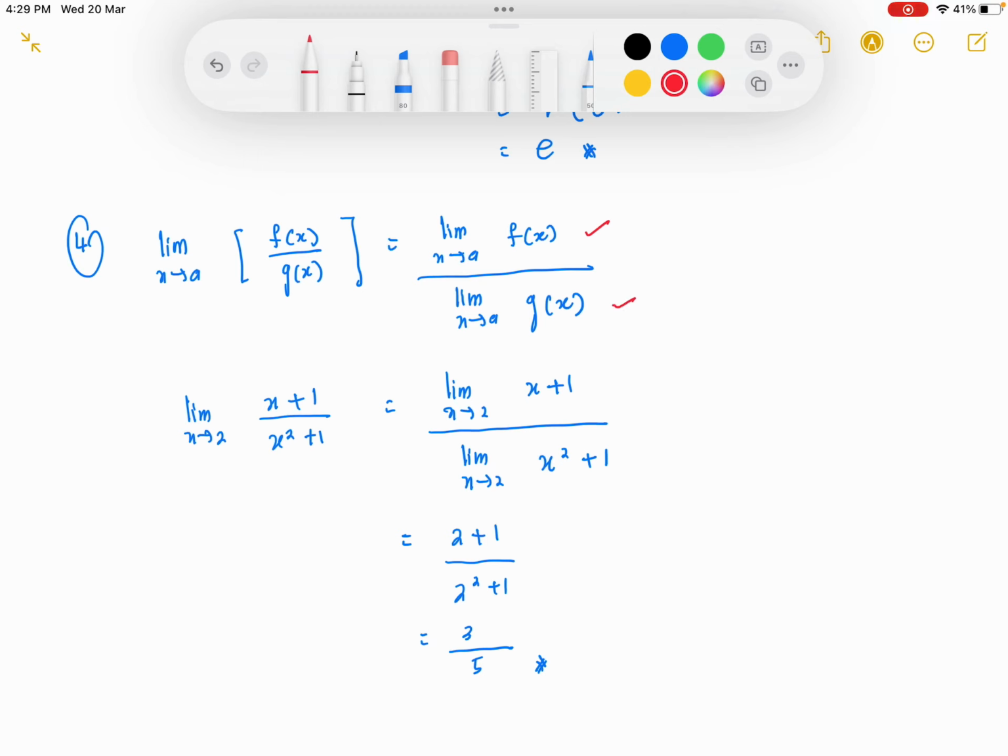For example, we have the limit as x approaches 2 of (x plus 1) over (x squared plus 1), which equals the limit as x approaches 2 of x plus 1 over the limit as x approaches 2 of x squared plus 1. And then we substitute one by one. At the numerator, we get 2 plus 1. Denominator, 2 squared plus 1. So the final answer equals 3 over 5.